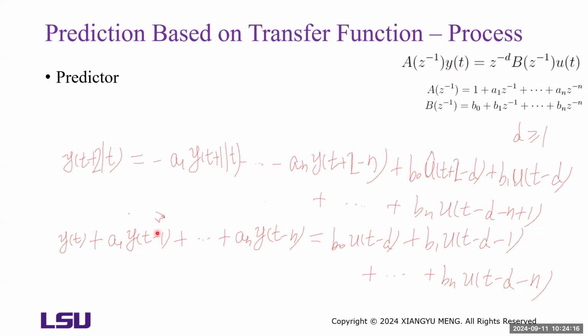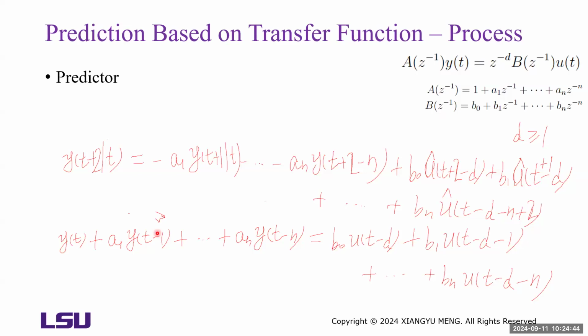Then we change all this t+2. Sorry, here will be t+1, since we have already added 1, so here will be t+1-2. Again, we use the hat notation.